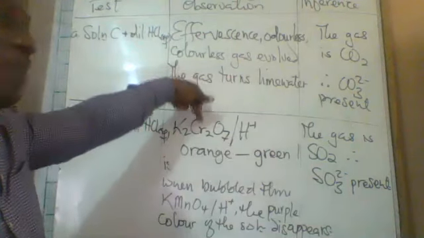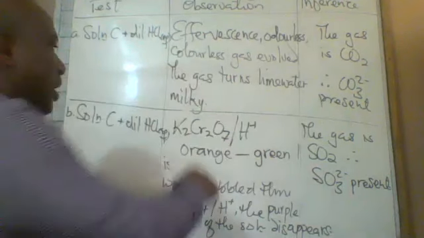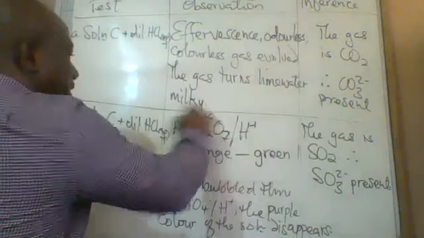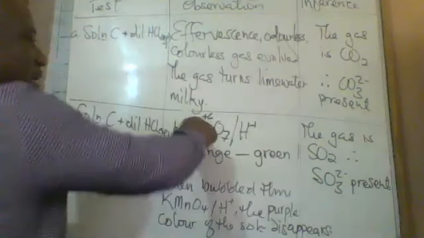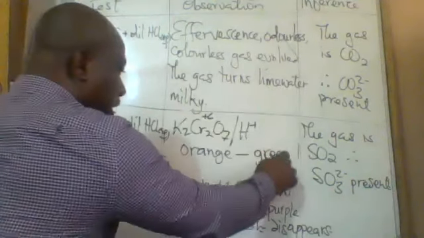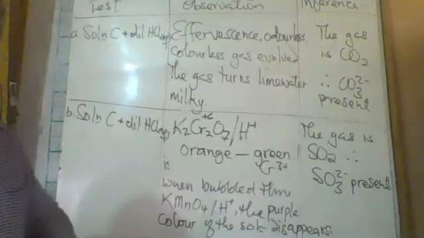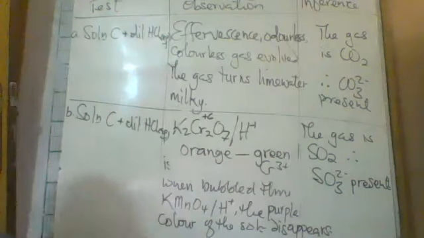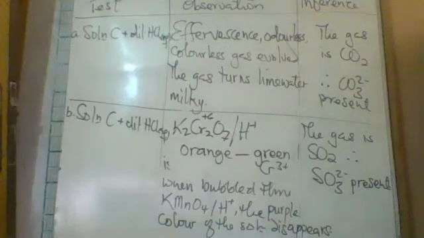The chromium in the potassium dichromate is +6, and that is reduced to Cr3+, because the SO2 is a reducing agent.